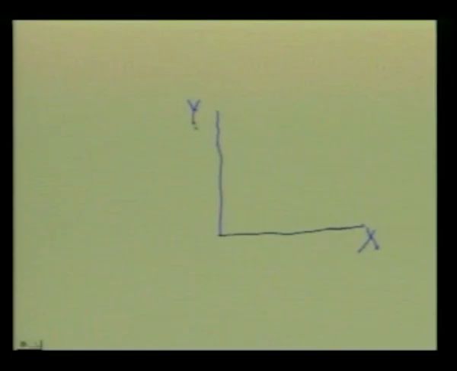Suppose xy is the plane of motion of the rigid body and z-axis is perpendicular to this xy plane.